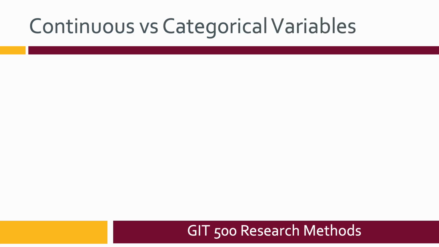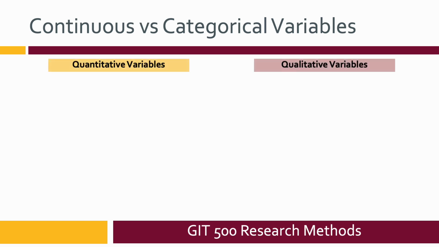We can also think of continuous and categorical variables as quantitative and qualitative variables. Quantitative variables are those continuous variables, while qualitative variables are those categorical variables.